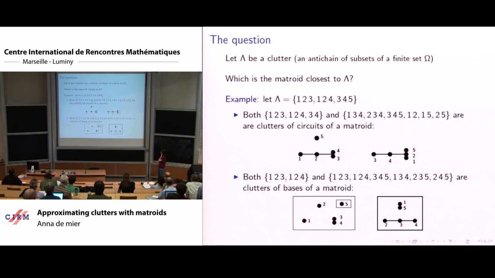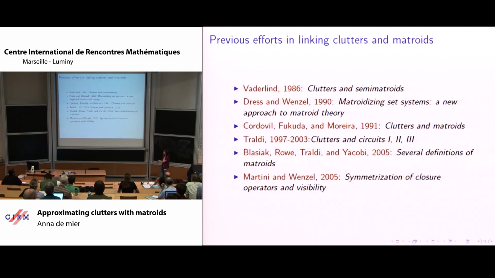Before getting into the way we approach this question, these are some efforts I found in the literature linking the ideas of clutters and matroids. Except for the second one, by Dress and Wenzel, they start with a clutter and try to construct a matroid from it.